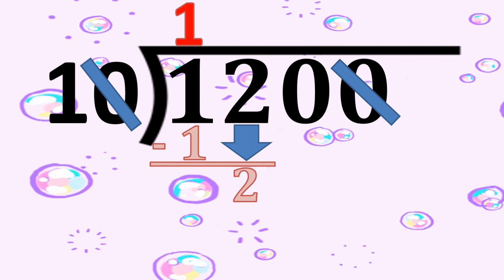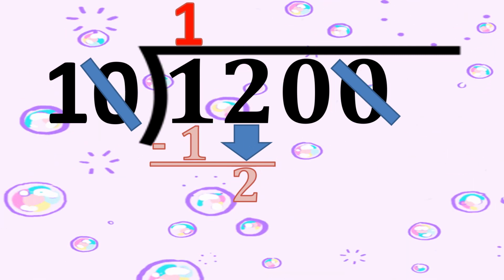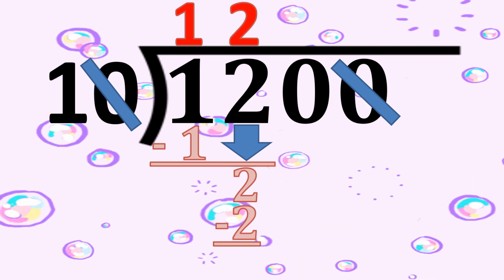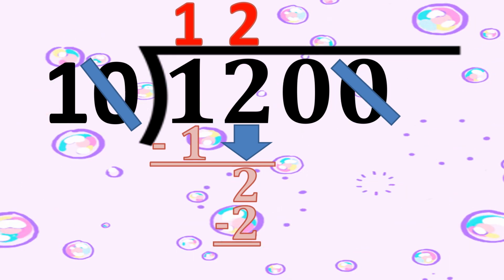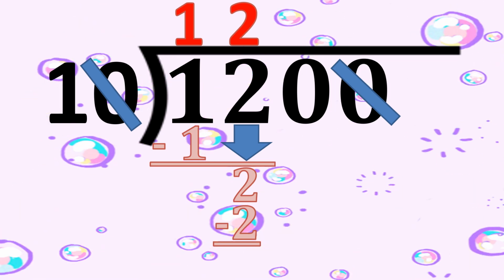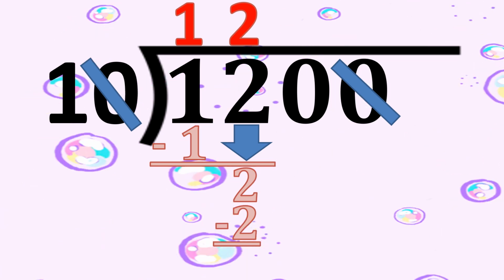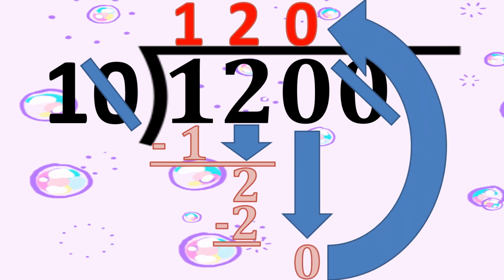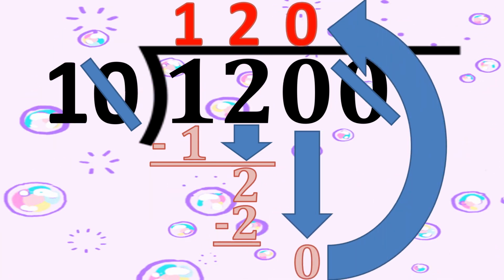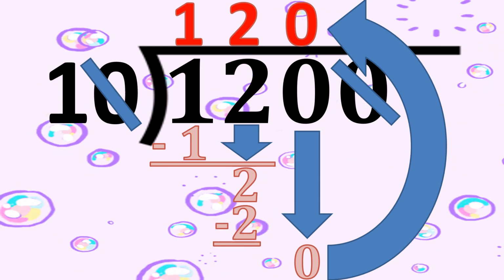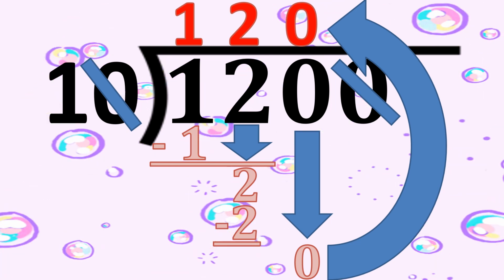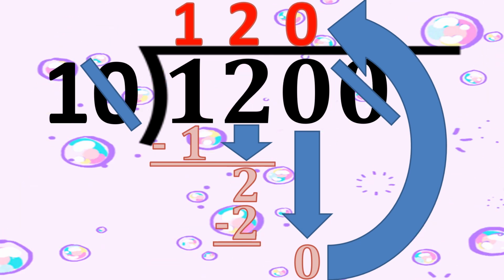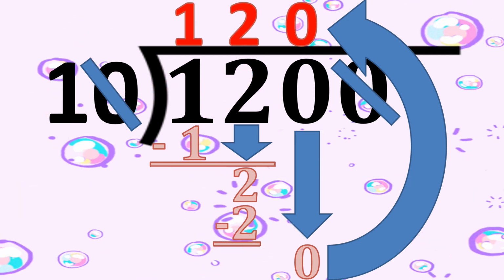So bring down 2. 2 divided by 1 is 2. So 2 minus 2 is 0, but we still have another digit to bring down, which is 0. So since this is 0, we will move it up to our quotient. So the final answer is 120.